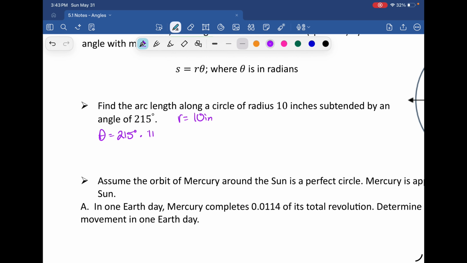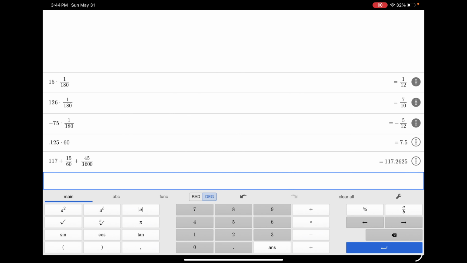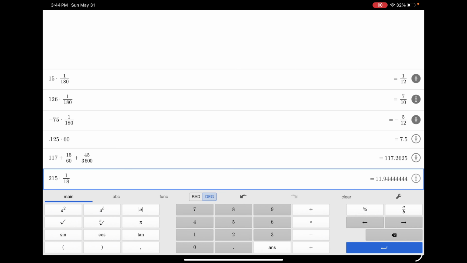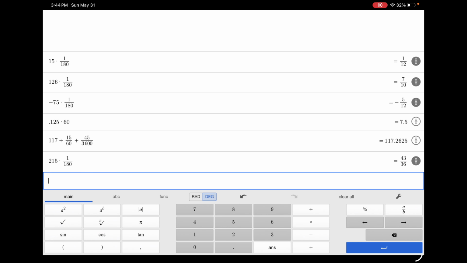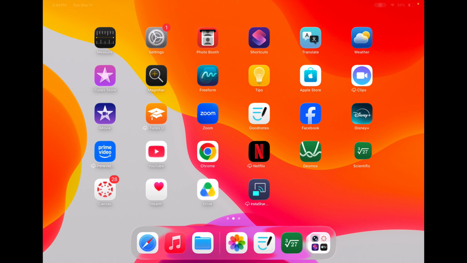Multiply by pi over 180 degrees. So degrees cancels. I'm going to put that in my calculator. Oh, 43 over 36.